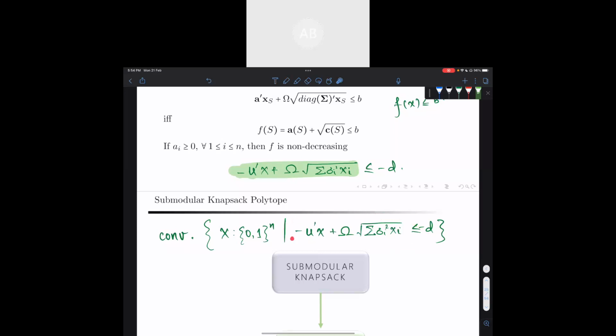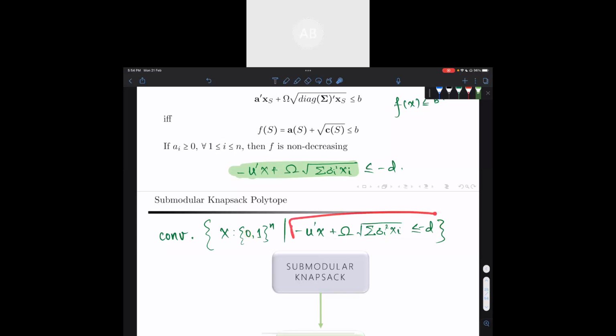We know that polyhedral sets are defined by the intersection of finitely many half spaces. Irrespective of what you have here, all the solutions are going to be 0, 1.